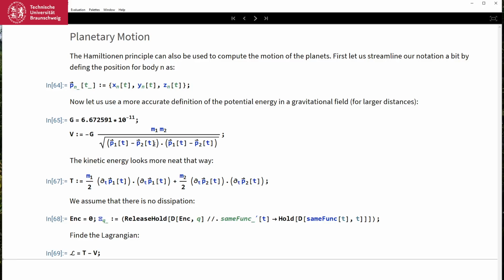The kinetic energy can now be written like this. We have the positions, we take the time derivative, so we have the velocity, and then we do a scalar product with itself. Here we define two bodies, m1 and m2, and both of them have kinetic energy.